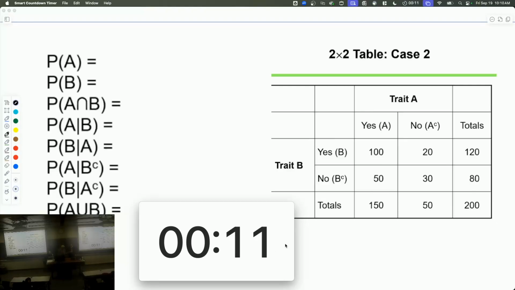Want to go at a nice pace at the same time. Wait, wait, wait.